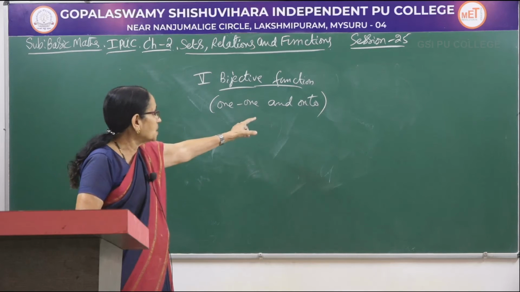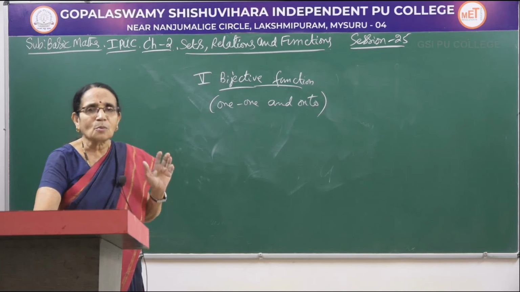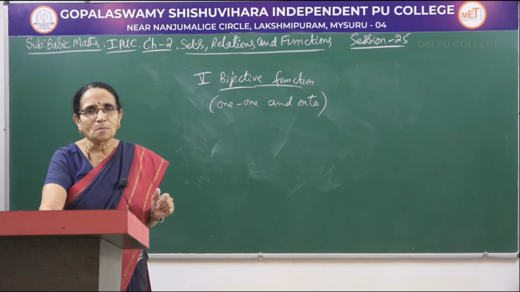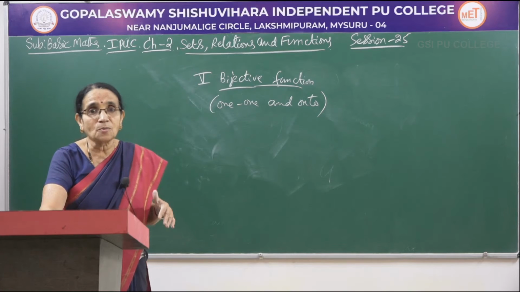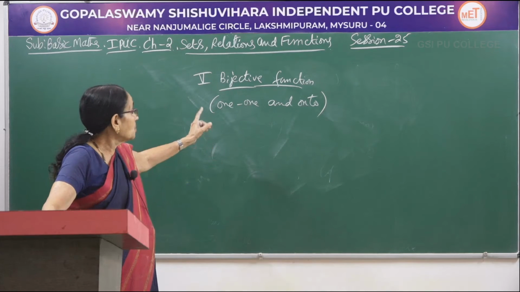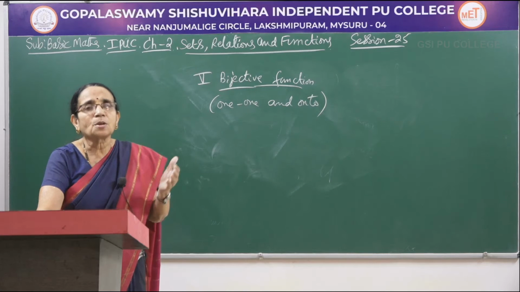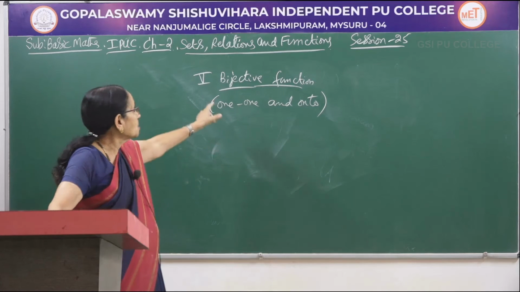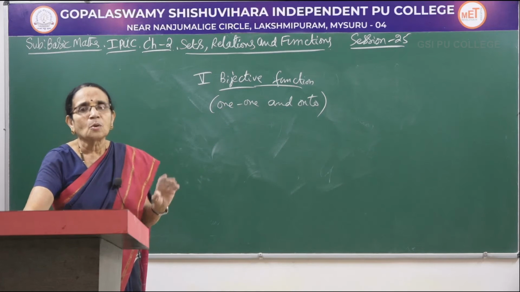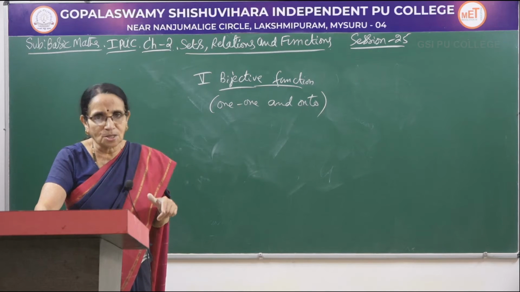See, when you look at this one, you can clearly understand the definition. Some functions would be one-one. Some functions would be onto. Some functions will have the properties of both one-one and onto. And those functions which are both one-one and onto are called bijective functions. One-one means it is injective, onto means surjective.